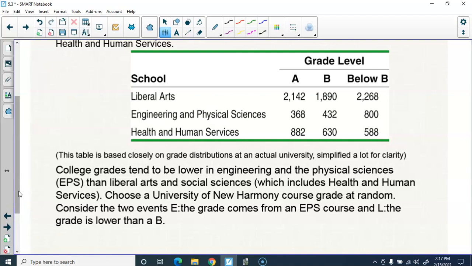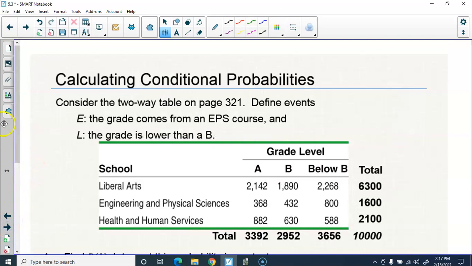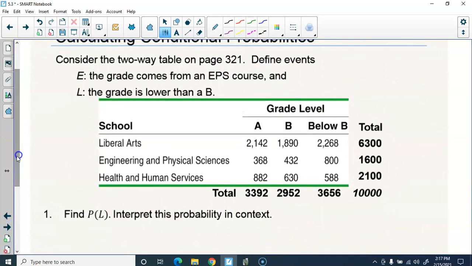Choose a University of New Harmony course grade at random. Consider the event E, that it comes from the School of Engineering and Physical Sciences, and L means the grade is lower than a B. Find the probability of L. So L, meaning lower than a B, what we want to do is look at all of the grades that are lower than a B, which is here.